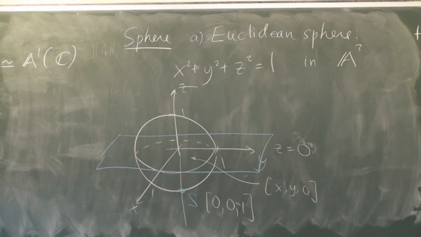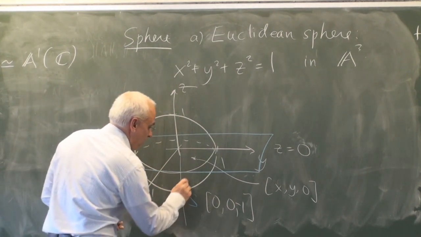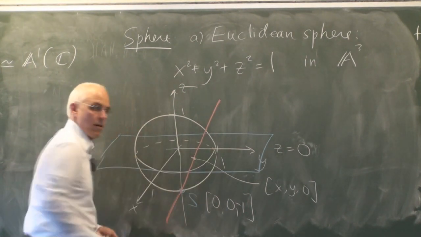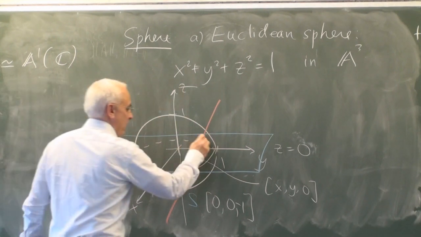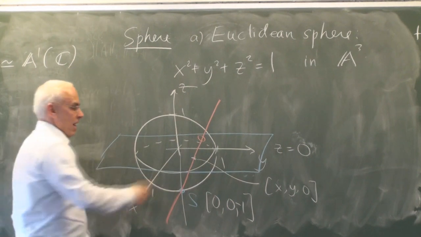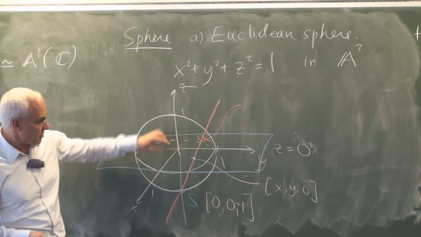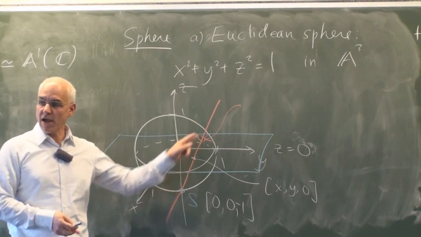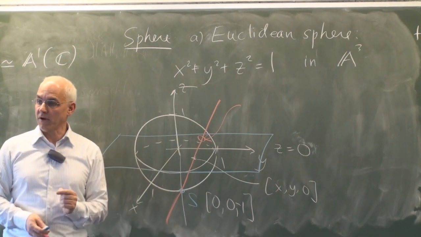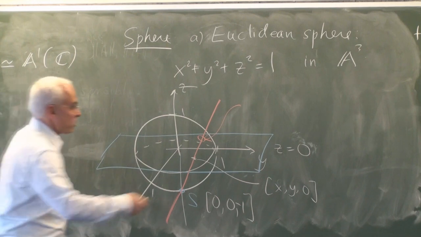Then we draw a line between that point and our south pole, and that line is going to intersect the sphere somewhere. Maybe it meets the sphere at that point there. We want to calculate that point, and the label we assign to that point will be x and y. We can use x and y as a coordinate for that point on the sphere. Okay. This process is called stereographic projection.